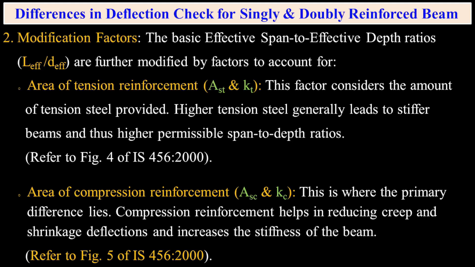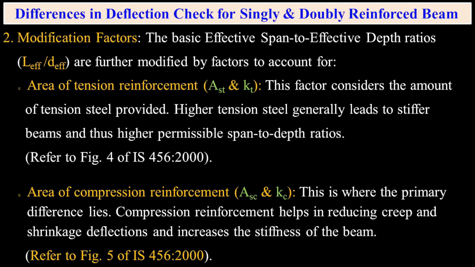This factor, KT, fundamentally accounts for the amount of tension steel provided. Generally speaking, providing higher tension steel leads to stiffer beams, which in turn allows for higher permissible span-to-depth ratios. You can find the specific curves and values for this in Figure 4 of IS 456, 2000.